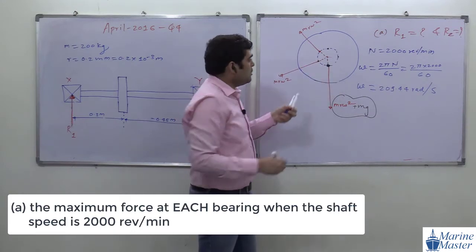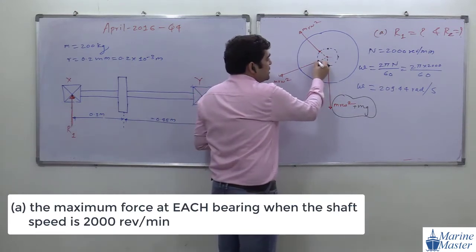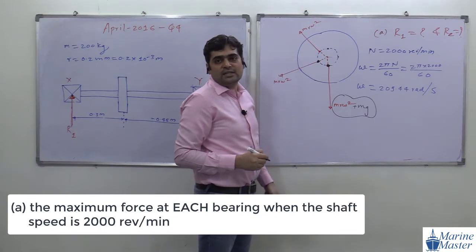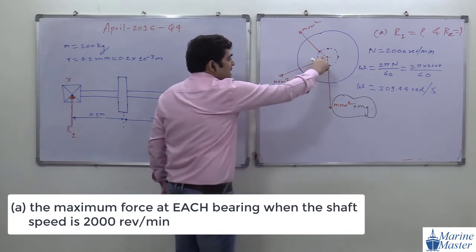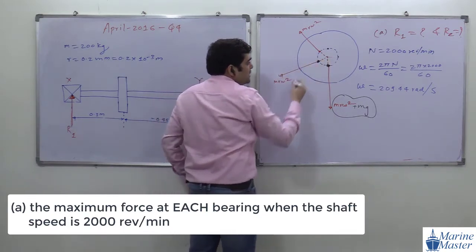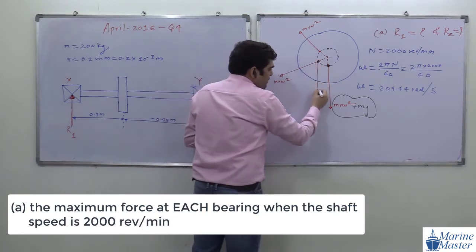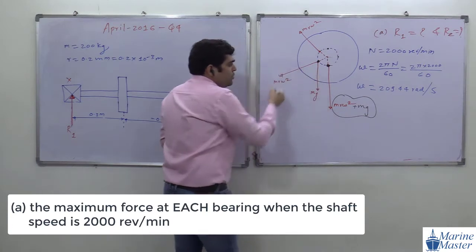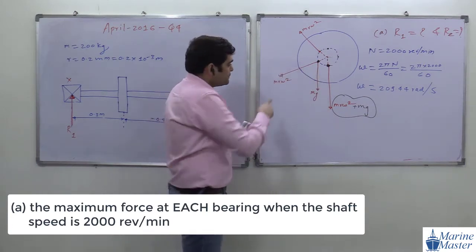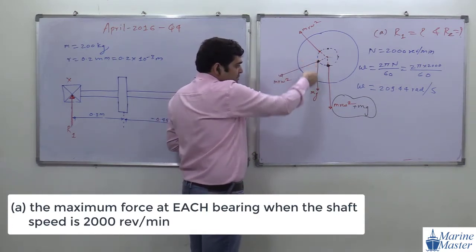Now suppose the center of gravity is at this position. Centrifugal force acts radially outward in this direction. What is the direction of weight? Weight always acts vertically downward, mg. So here mr omega square is on this side and mg is on this side.